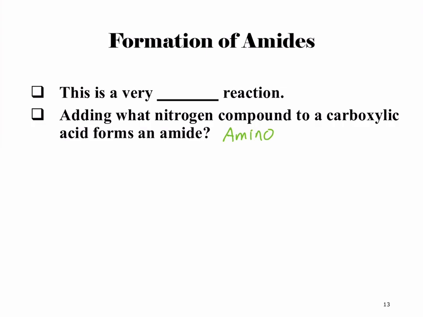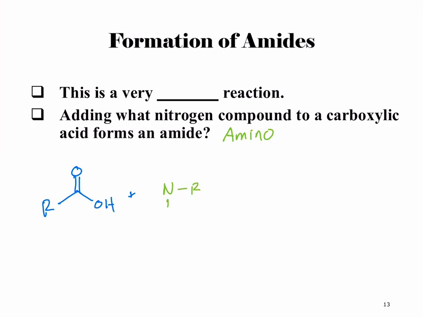And so generally, all you have to do to make an amide is you mix a carboxylic acid with an amine. The amine can only go up to a secondary amine because you need at least one hydrogen there to go through the reaction mechanism to form the amide, right?